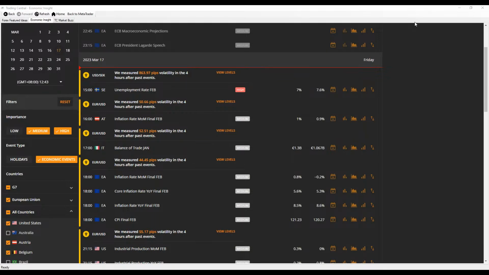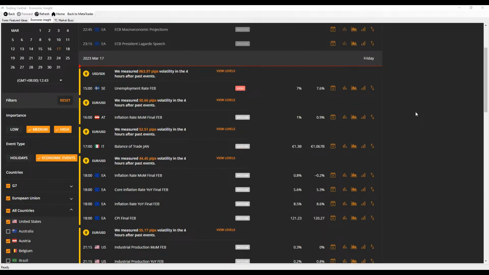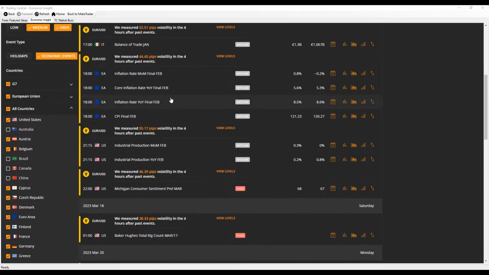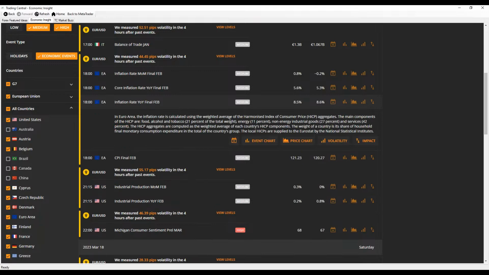To zoom in on the actual stats that you can look at here, let's say we find one that is more famous. We can look at this inflation rate year-on-year final for the EU. If you just click on it, right away it gives you an explanation of this particular economic event.